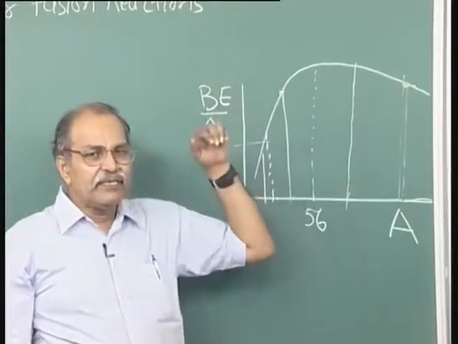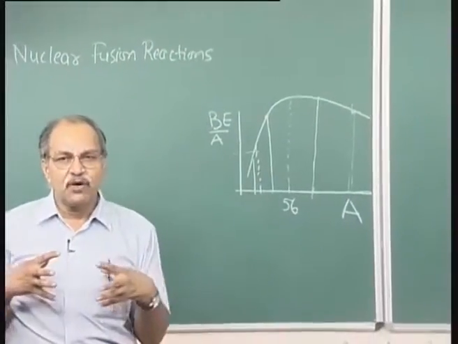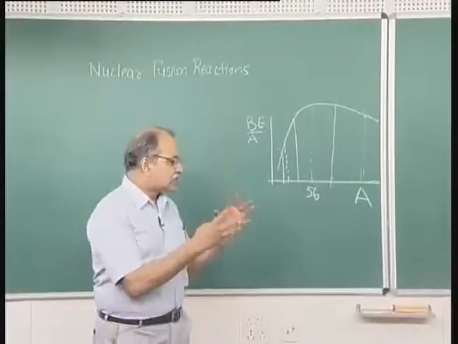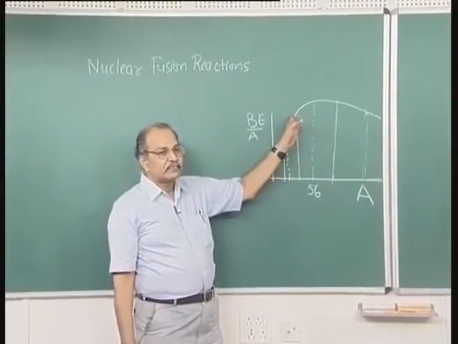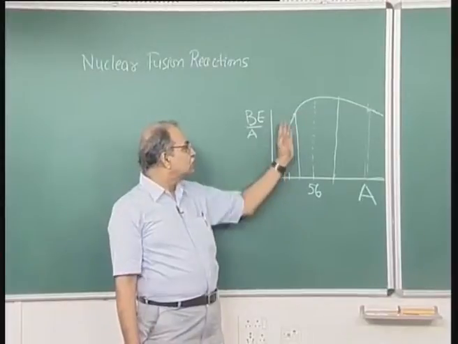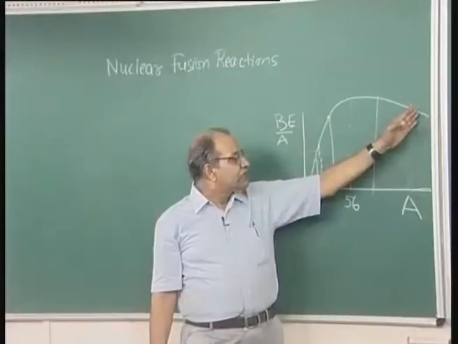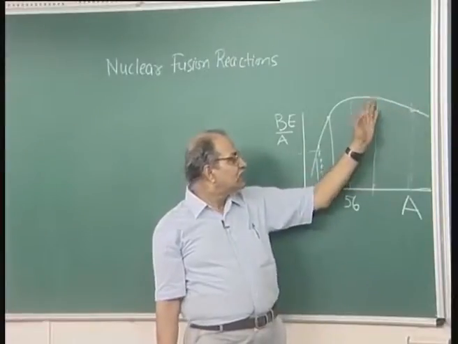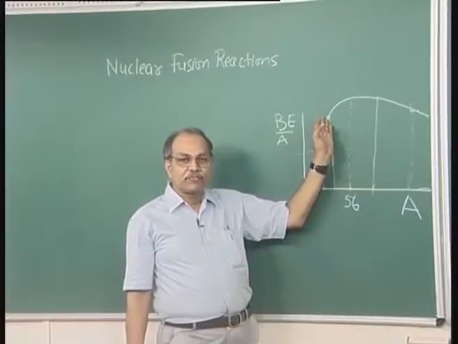So, if the binding energy per nucleon is more, the nucleus is more tightly bound, then the rest mass energy decreases and you get kinetic energy, and that is the energy released. So, from this side also you can get energy, from this side also you can get energy. If you get it from this side, that is nuclear fission, and if you get it from this side, it is nuclear fusion.